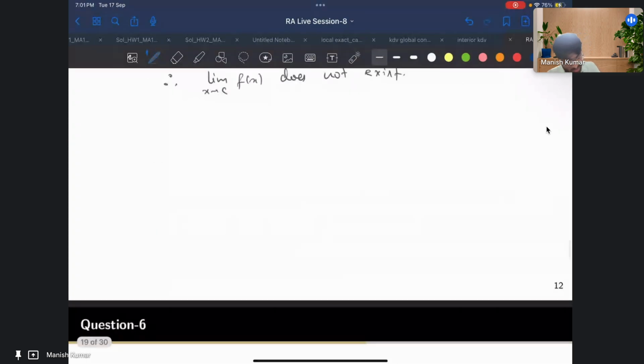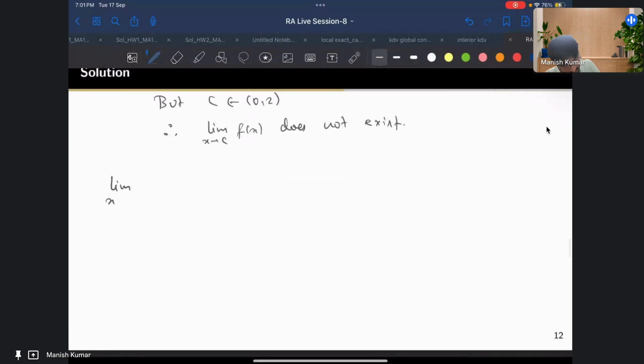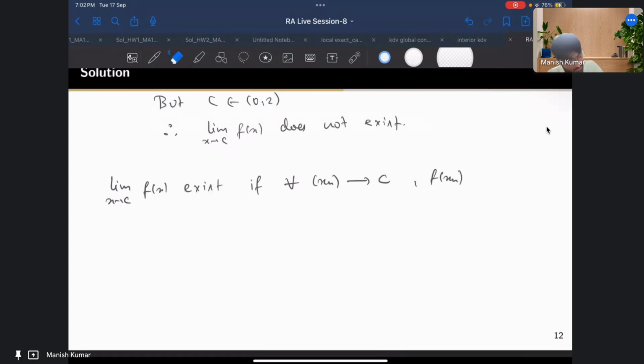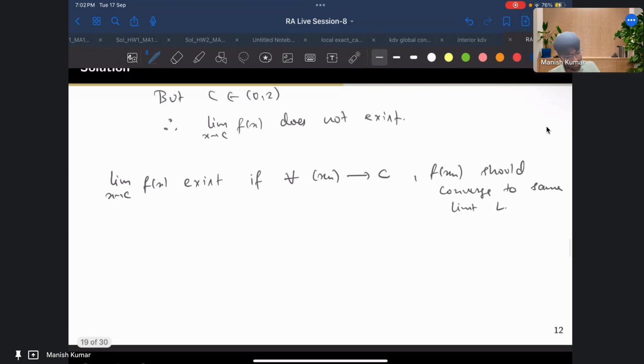So when I say the limit as x goes to c of f of x exists, this is the definition: for all sequences xn converging to c, f of xn should converge to the same limit L.